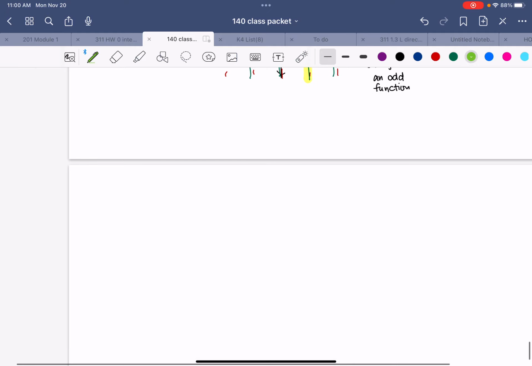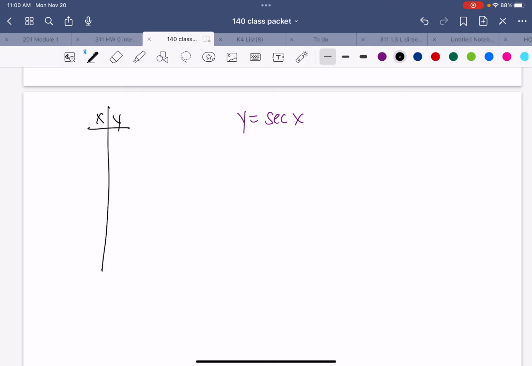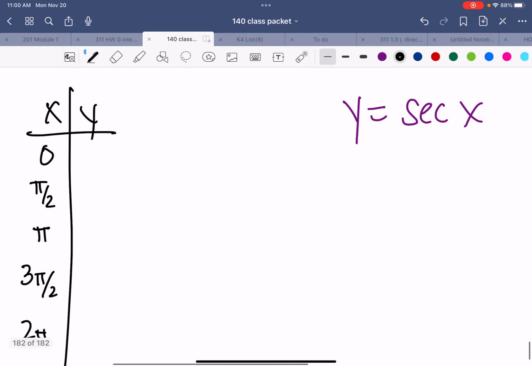And let's go to our last two. For y equals secant x. Get our 5 values. Okay, now secant is the reciprocal of cosine. So we're flipping cosine values over here. So this is 1 over cosine x.